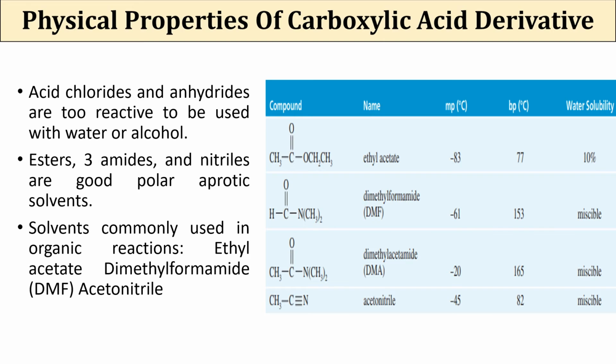However, many of the smaller esters, amides, and nitriles are relatively soluble in water because of their high polarity and their ability to form hydrogen bonds with water. They are known to be good polar aprotic solvents. Ethyl acetate, as shown in the graph, is a moderately polar solvent with a boiling point of 77 degrees Celsius, convenient for easy evaporation from a reaction mixture.